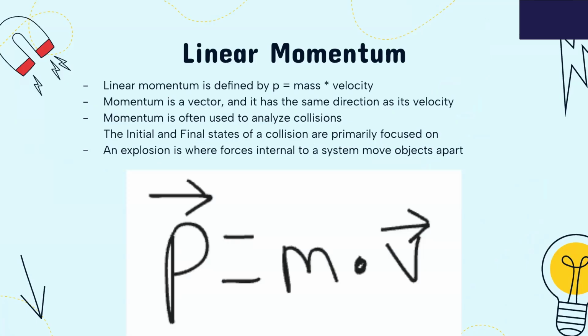We often use momentum to analyze collisions, and the initial and final states of a collision are primarily focused on. A special type of collision, known as an explosion, is where the forces internal to a system move the objects apart. And momentum p is equal to m times v, as I mentioned, and both p and v are vectors, which is why they have the vector symbol.